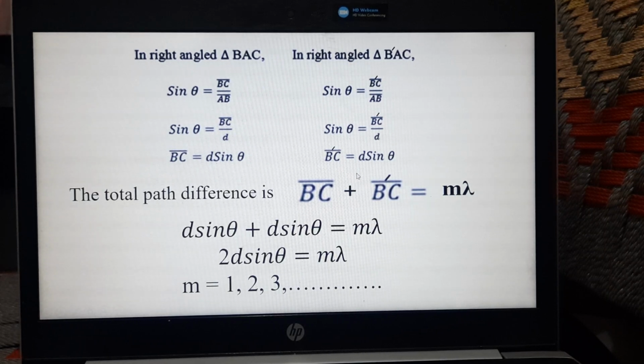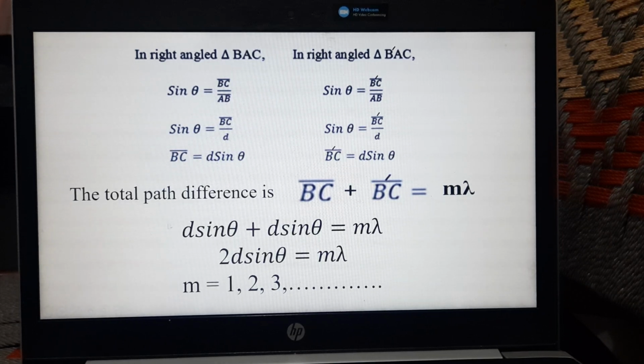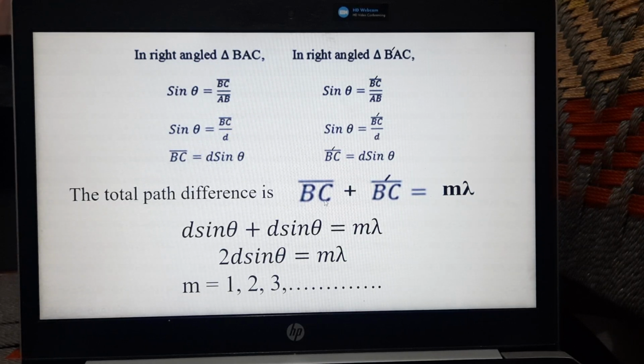The path difference between the incident rays and the diffracted rays are the very same, such that the total path difference is calculated as BC plus B prime C equal to m lambda. If we put the values for BC and B prime C in terms of D sine theta, we will be calculating D sine theta plus D sine theta equal to m lambda, such that 2D sine theta equal to m lambda, where m is 1, 2, 3 and so on.